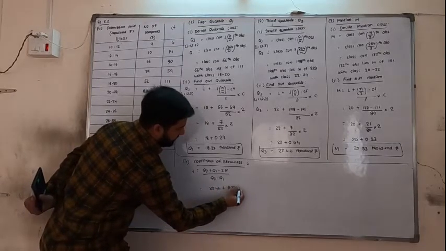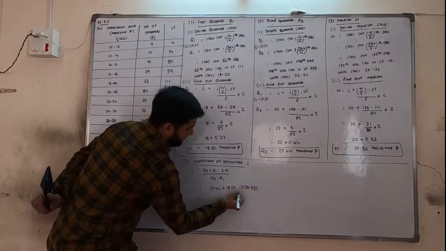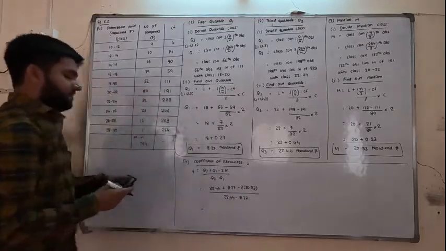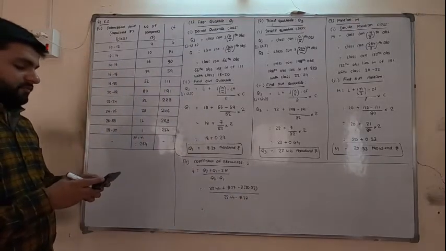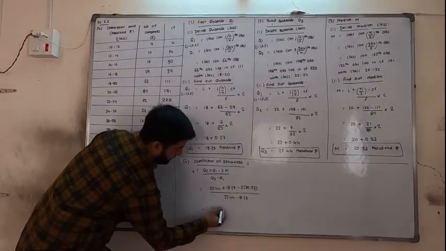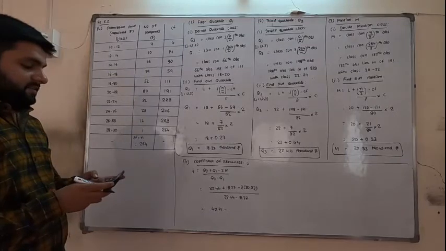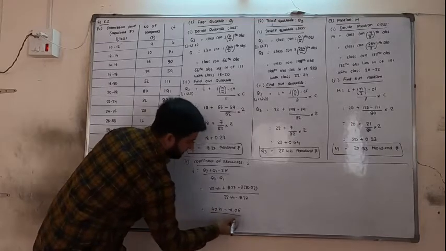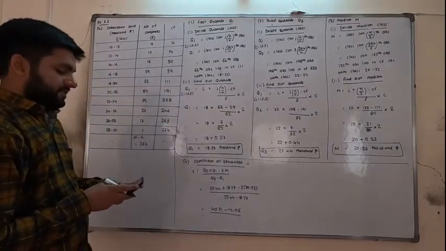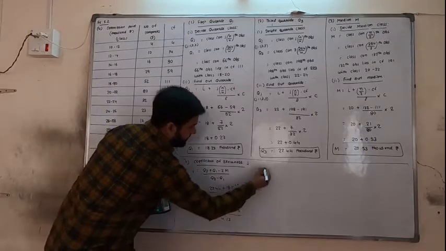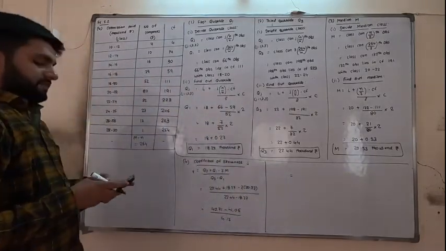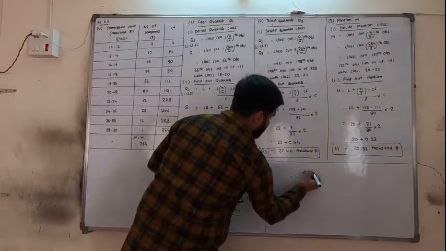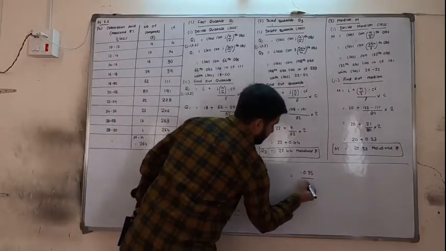That is 22.44 plus 18.27 minus 2 into 20.53, divided by 22.44 minus 18.27. 22.44 plus 18.27 is 40.71, minus 41.06, which is minus 0.35, divided by 22.44 minus 18.27, which is 4.17.